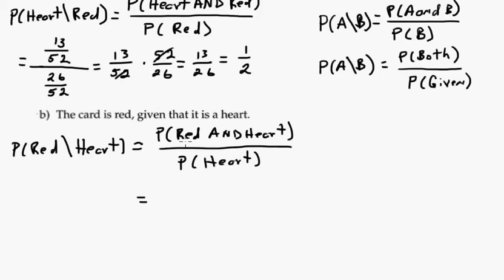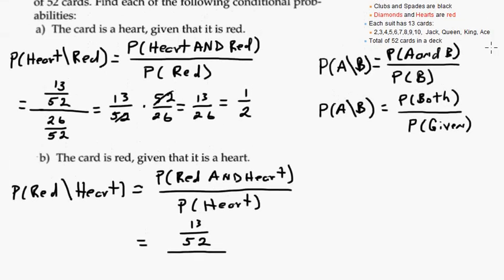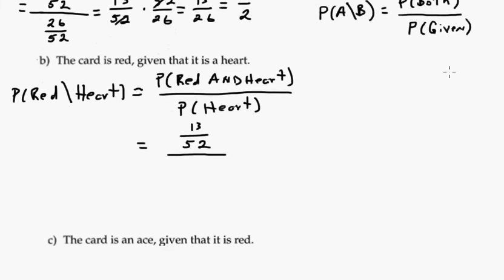The probability of red and heart, we already know, is 13 out of 52. We divide that by the probability of a heart. There are 13 hearts, so 13 out of 52.